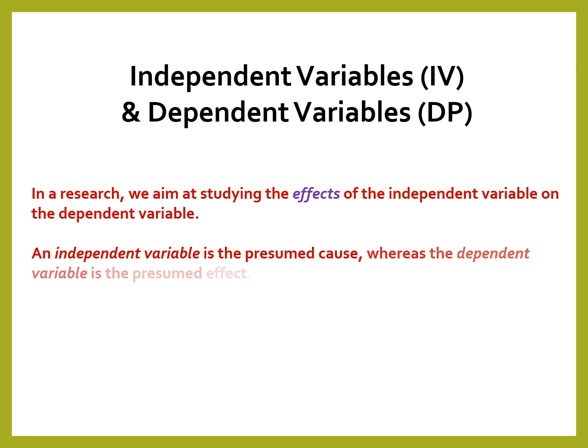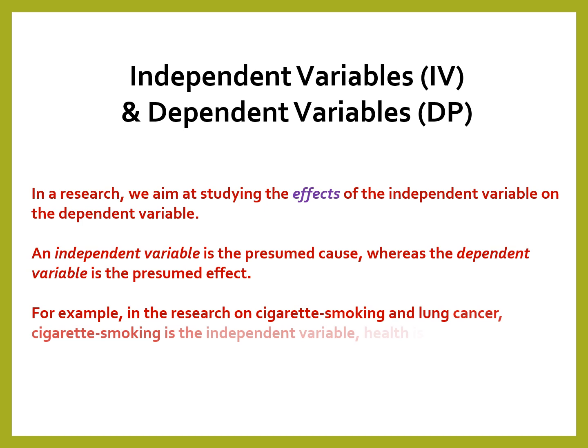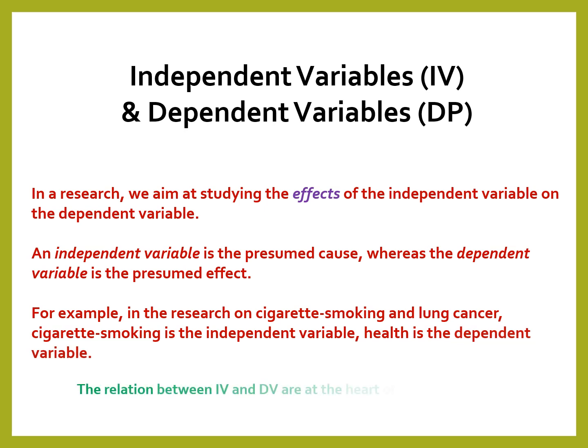Again, the independent variable is deemed to have an effect or a cause on the dependent variable. That is, cigarette smoking in this case will have a changing effect on the health, the dependent variable, of the smoker.